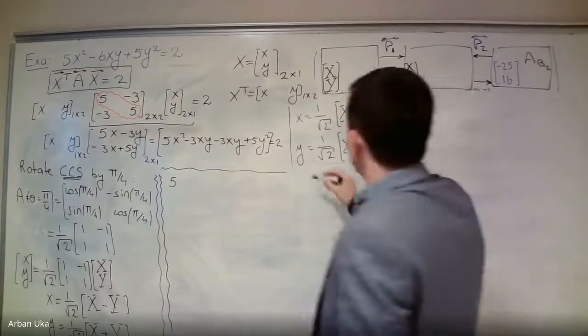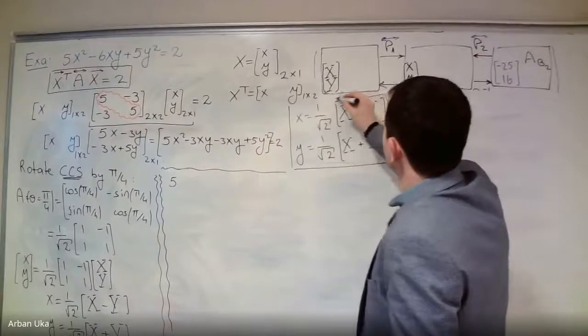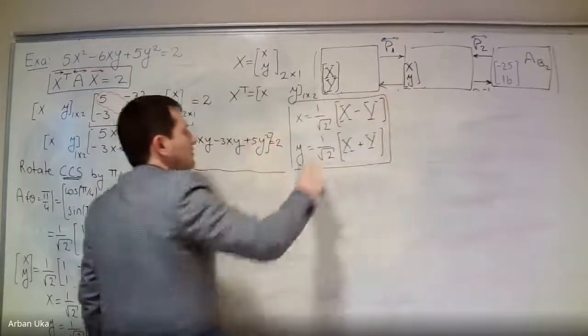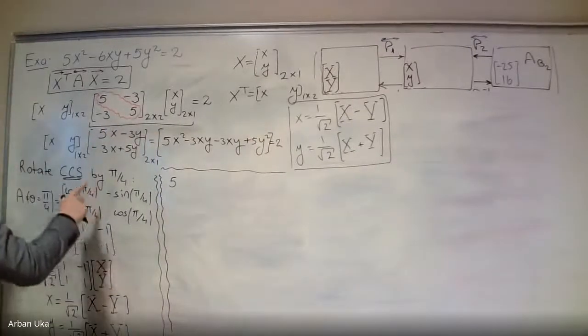And now these two expressions, which we obtain by using the transformation from the standard basis to the new basis, let's write down the 5x squared minus 6xy plus 5y squared.